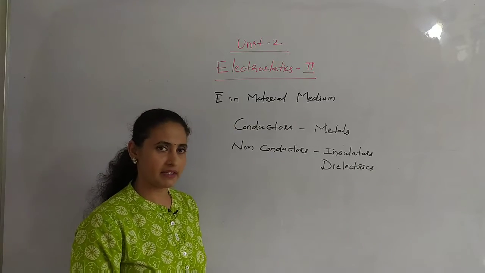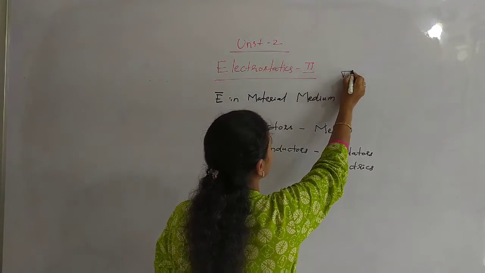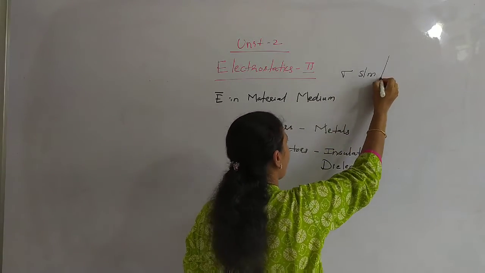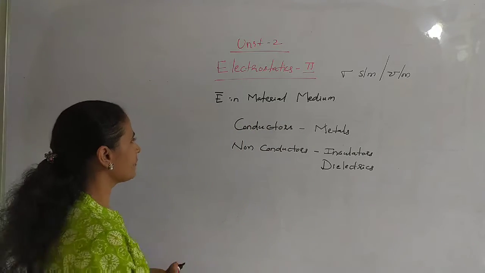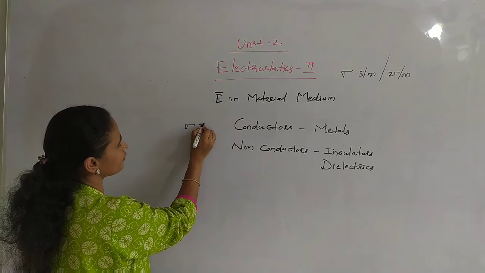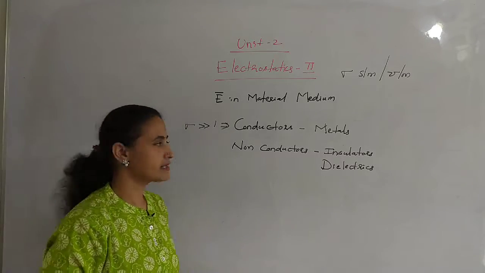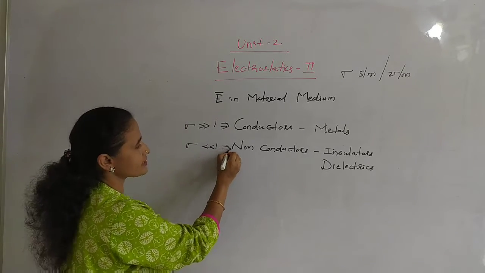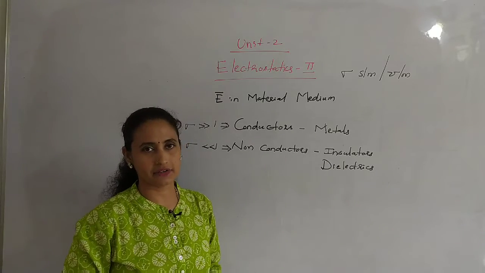If the conductivity sigma, whose unit is Siemens per meter or mhos per meter, is much higher than 1, the material is called a conductor. If sigma is less than 1, it is called a non-conductor, insulator or dielectric.